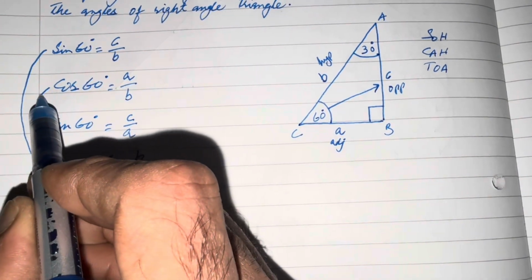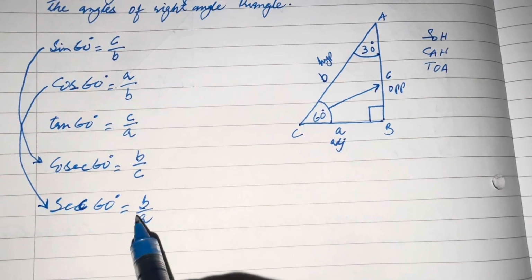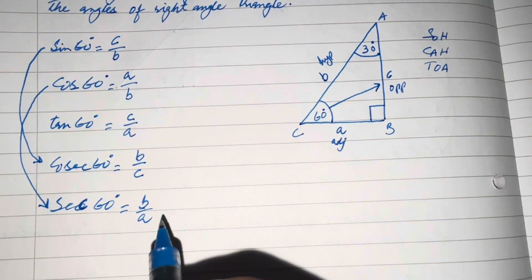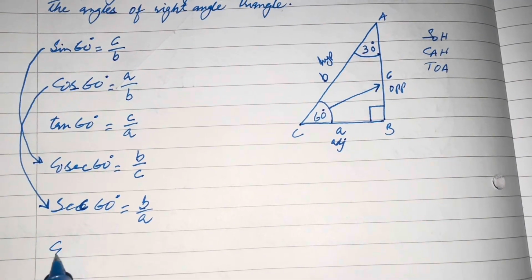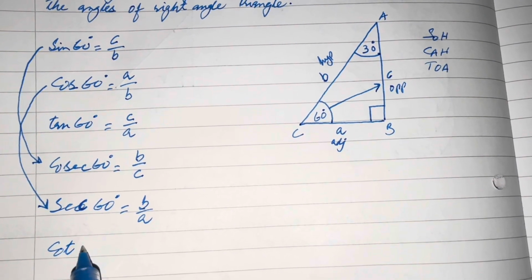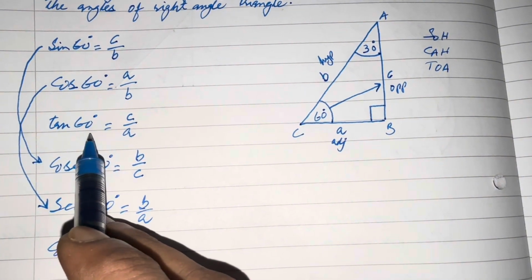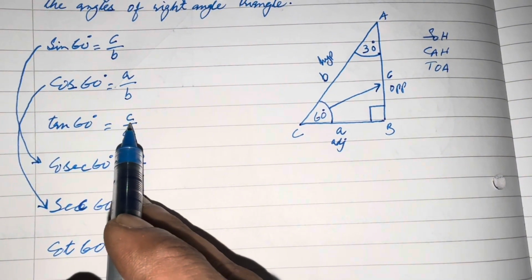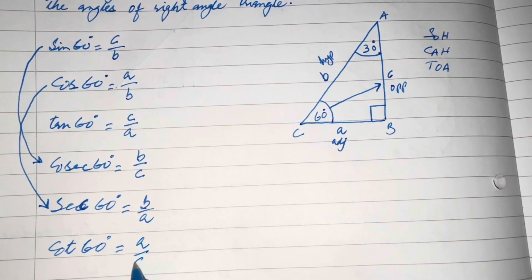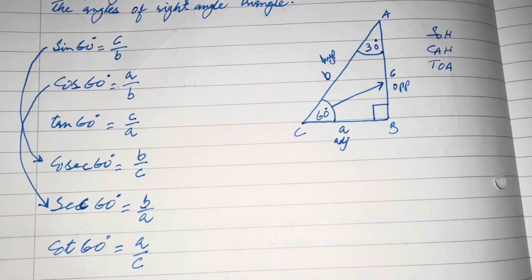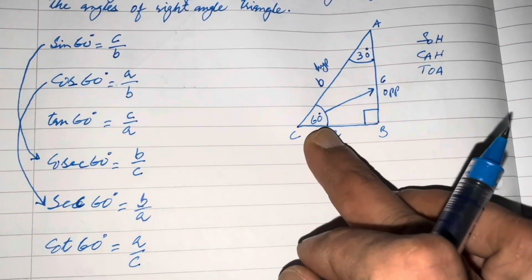So cos and secant have the relation of reciprocal trigonometric ratios. Now find the cotangent, the sixth trigonometric ratio. Cotangent 60 will be equal to the opposite of tangent. That tangent 60 is c over a, so cotangent 60 will be a over c. So these are the 6 ratios with respect to angle 60.